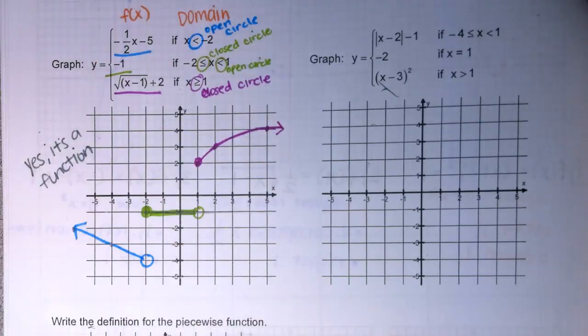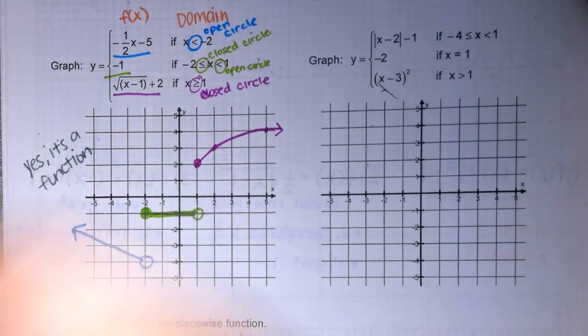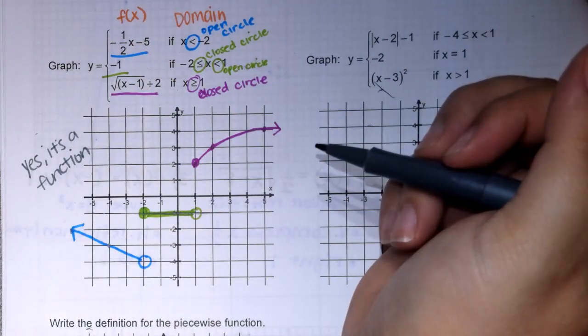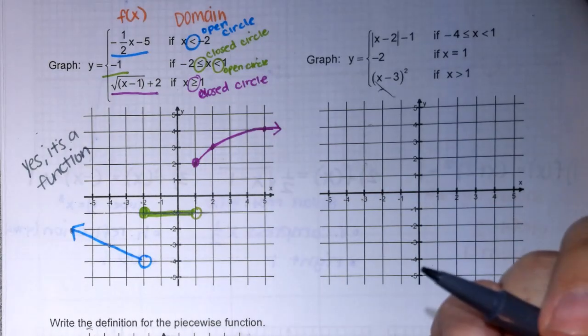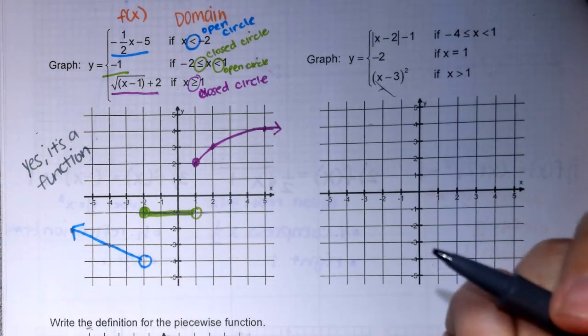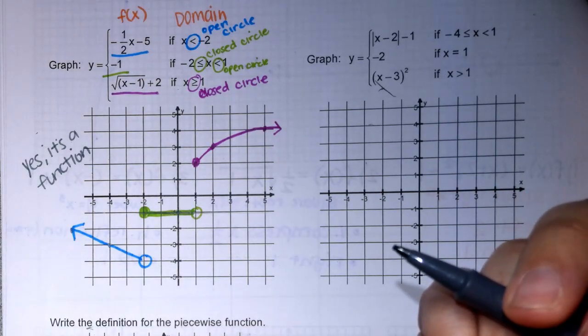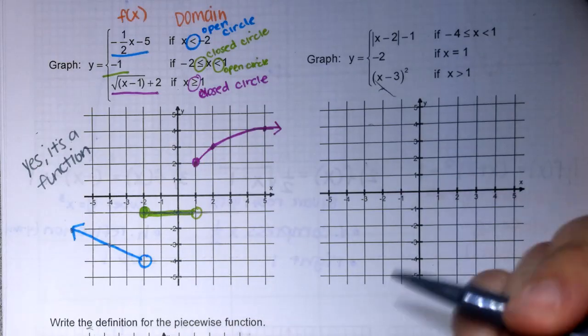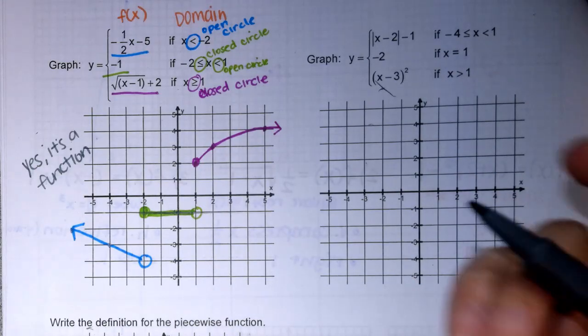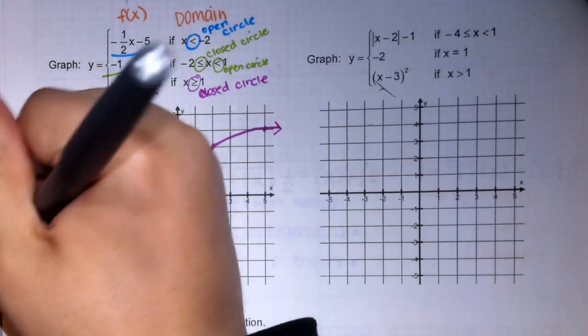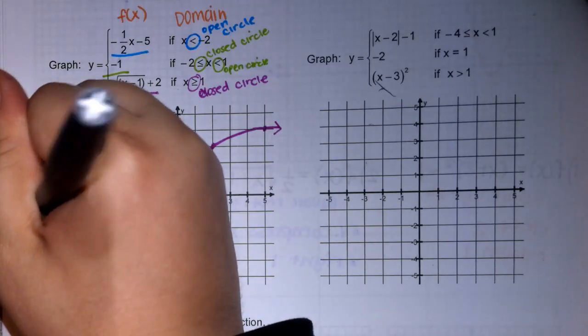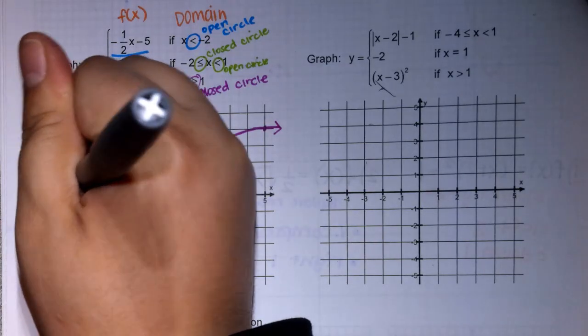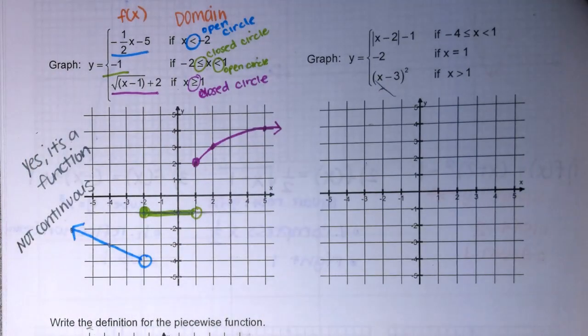Is it continuous? What's continuous mean? I know it goes on forever in both directions, but that's not what continuous means. What does continuous mean? Do I have to pick up my pencil? I do. So is it continuous? It is not continuous. You could say it's discontinuous at x equals -2 and x equals 1.